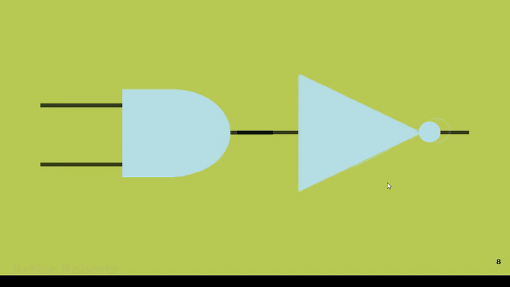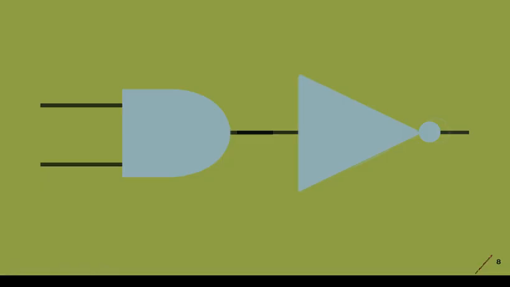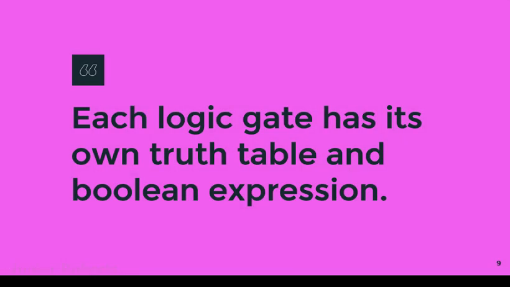So essentially what this means is that the NAND gate can be represented by an AND gate connected to a NOT gate, right? So when we look at the function, we will see the truth table, and the truth table will give us more details in terms of how the NAND gate operates, right? But as I said before, the NAND gate could be represented by an AND gate with a NOT gate connected to the output.